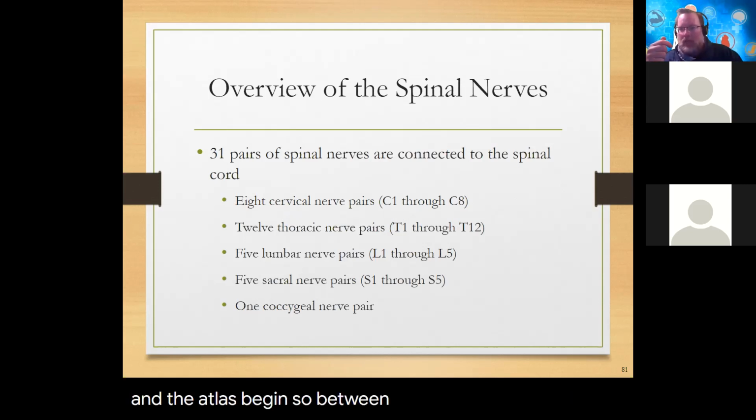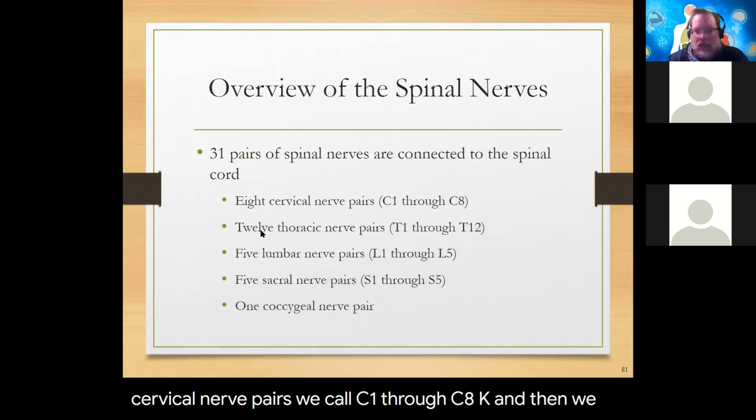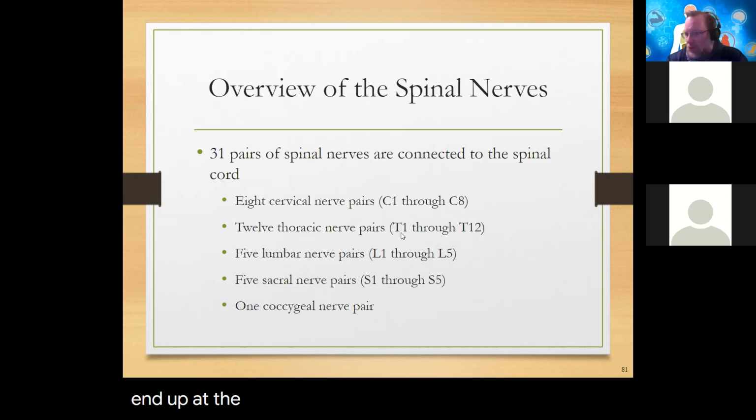So between the occipital bone and the atlas, we're going to have our first pair of spinal nerves coming off of there. And then we continue with 7 more pairs. And again, just like our vertebrae, we call them C1 through C7. The 8 cervical nerve pairs we call C1 through C8. Okay, and then we go from cervical to thoracic.